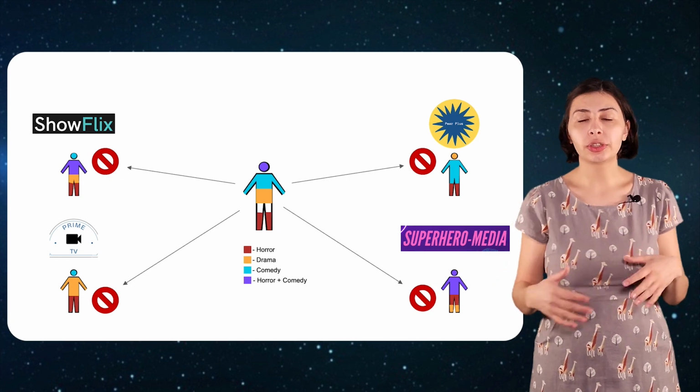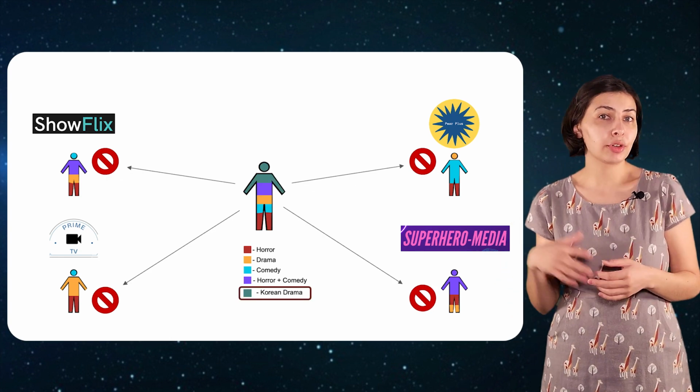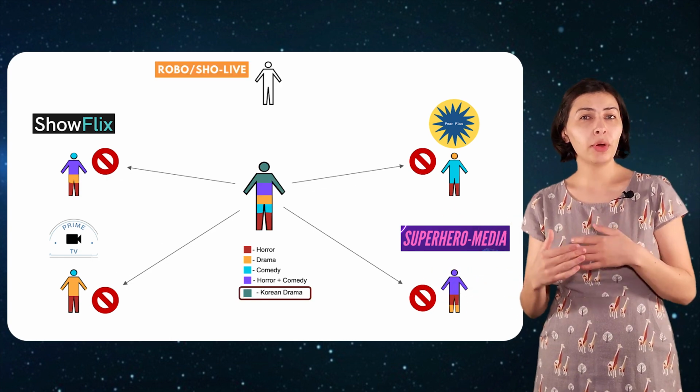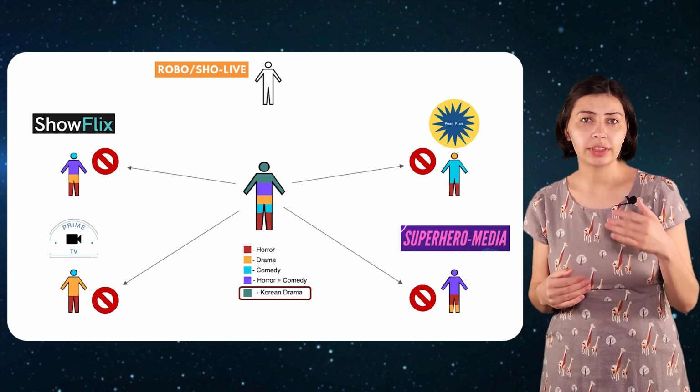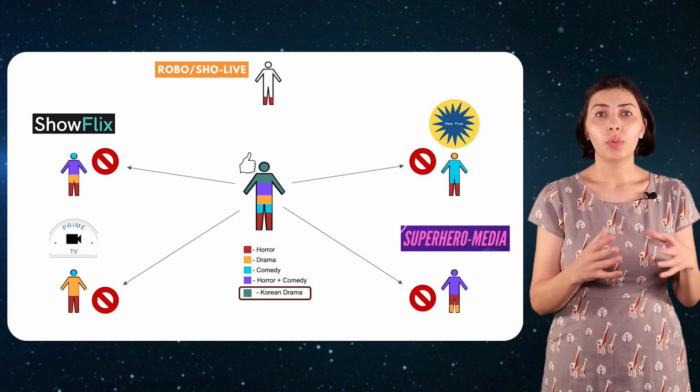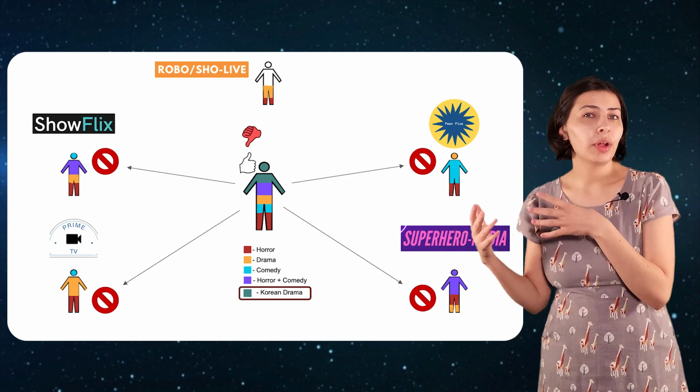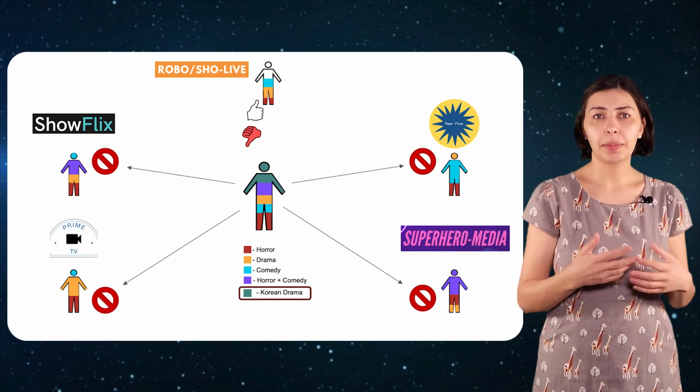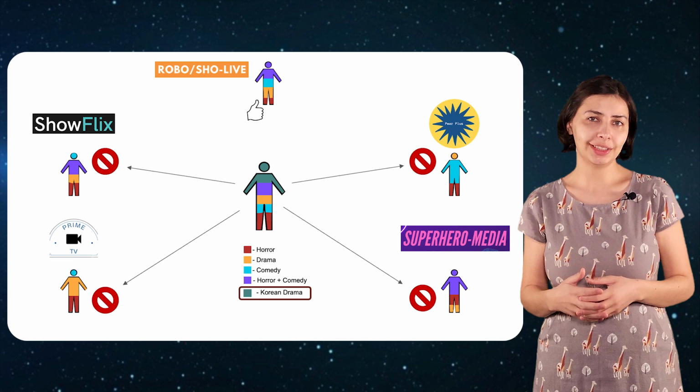So if our user starts to enjoy Korean dramas and signs up for a Korean streaming service, both the user and the streaming service will have to start anew. One is sharing their personal data, while the other is learning and guessing about the preferences and needs of their customer.